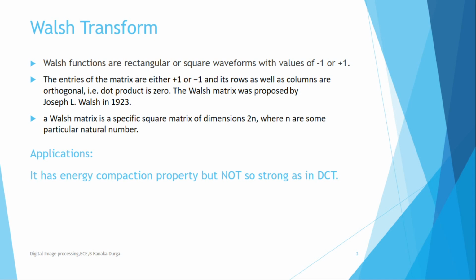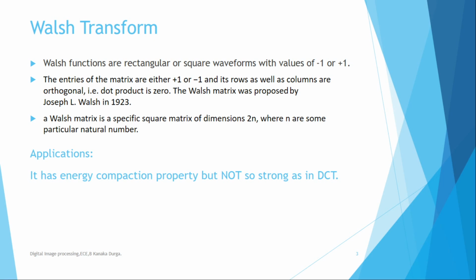The rectangular and square waveforms have positive amplitude and negative amplitude values. We are considering them as -1 and +1. So the entries of the Walsh transformation matrix will have the values +1 or -1, depending upon the orthogonality of the basis functions.